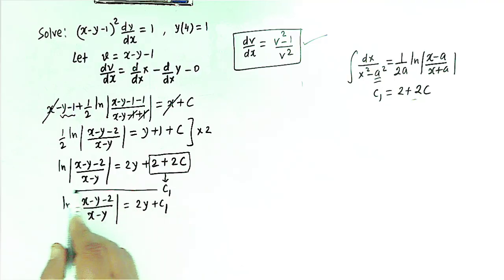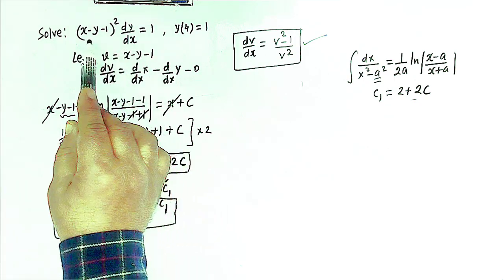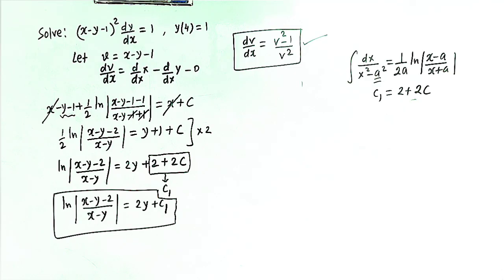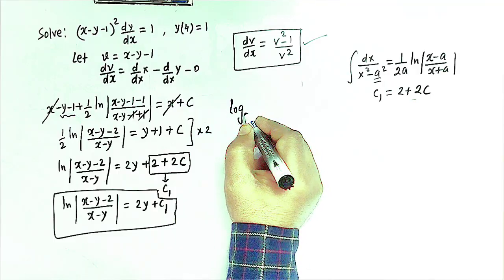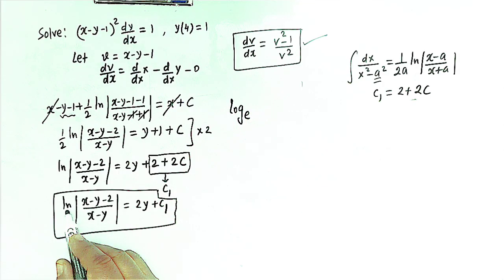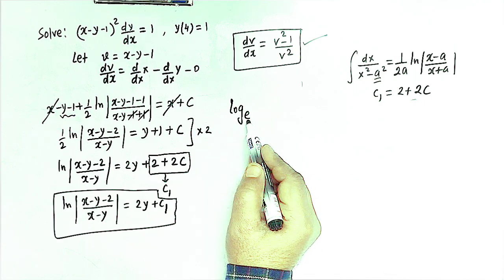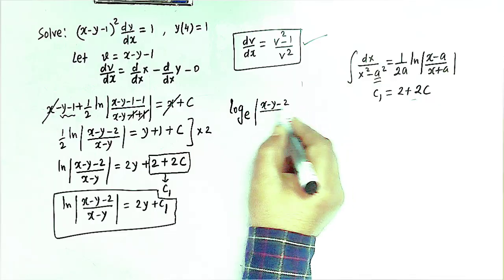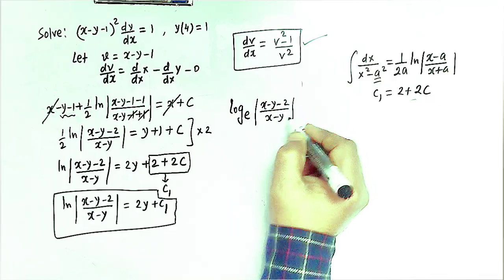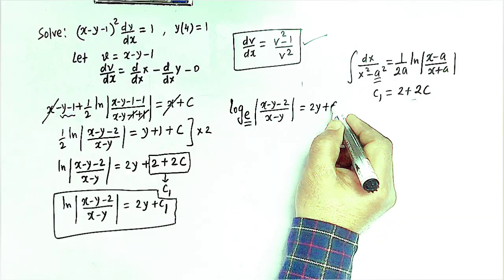So this expression gives us the general solution of this differential equation, and we can also write this expression as, here we can write log, and here the base is e. So here we are now using the notation logarithm of mod of x minus y minus 2 over x minus y to the base e, and here we have 2y plus c1.